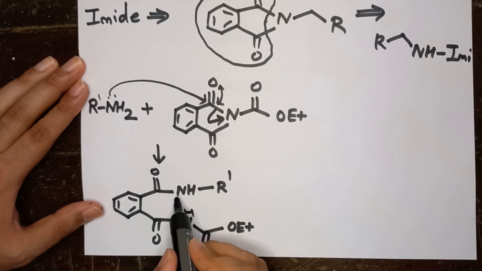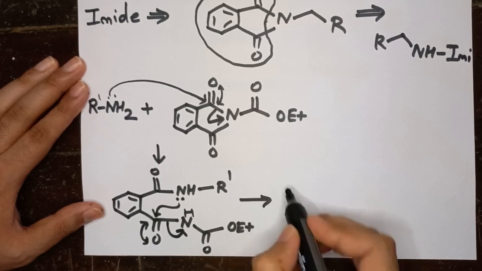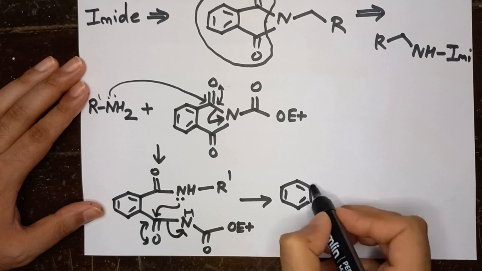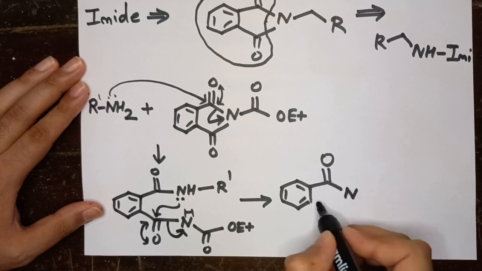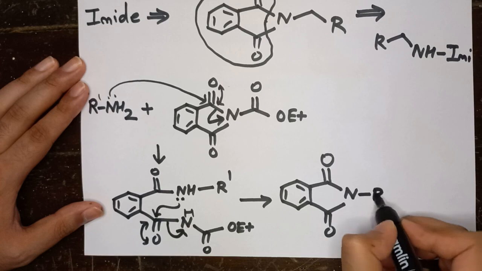Now furthermore, this nitrogen will attack at this carbonyl. Through conjugation with oxygen, this whole bond is going to break. And we have generated C double bond O. Basically this is getting cyclized through here, N C double bond O. This N carries R1.